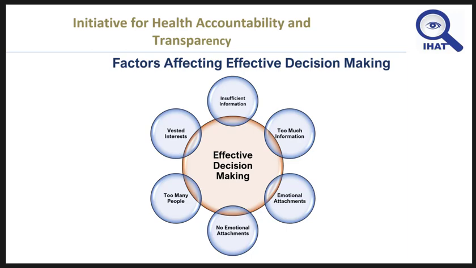Having no emotional attachment can also be a problem. Sometimes it's difficult to make a decision because you just don't care one way or the other. A structured decision-making process can often help by identifying some very real pros and cons of a particular action that perhaps were not thought about before.